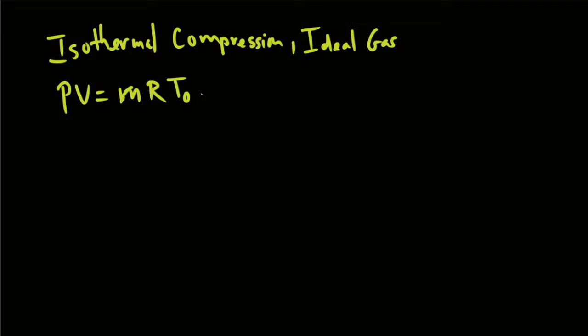Therefore, since mass is constant in a closed volume, and the gas constant is constant by definition, and the temperature is constant, pressure times volume is equal to a constant for an isothermal system. This is only for an isothermal system, or specifically an isothermal compression, but it would be the same for expansion as well.